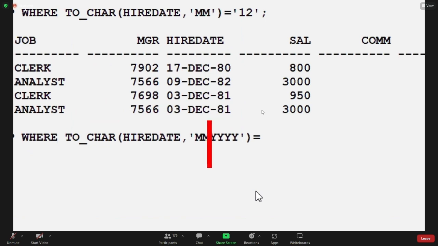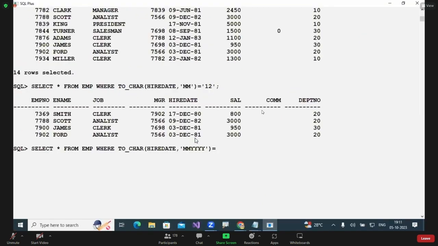All of you open the syntax of 2_char. In my syntax, how many arguments are there? Only two arguments. The first one is sysdate, the second one is the interval. So you should also send two arguments.